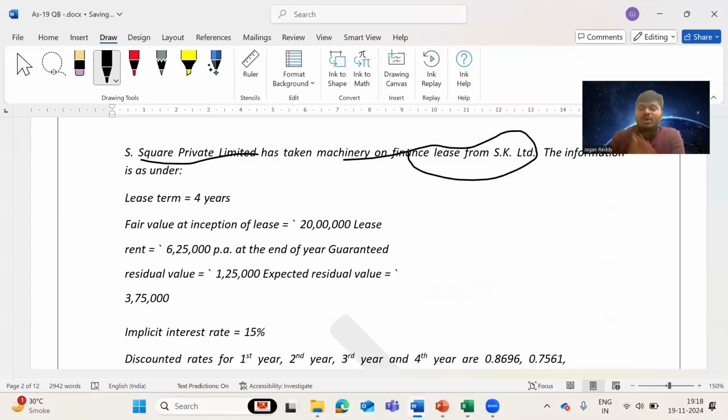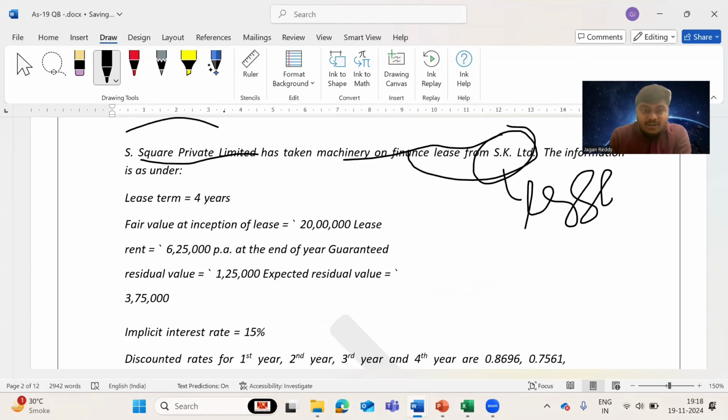Please find out who is lessee and who is lessor. SK Limited is a lessor, whereas Square Limited is a lessee. Whenever you read a lease question, you should first understand who is lessee and who is lessor. So Square Limited will be the lessee.